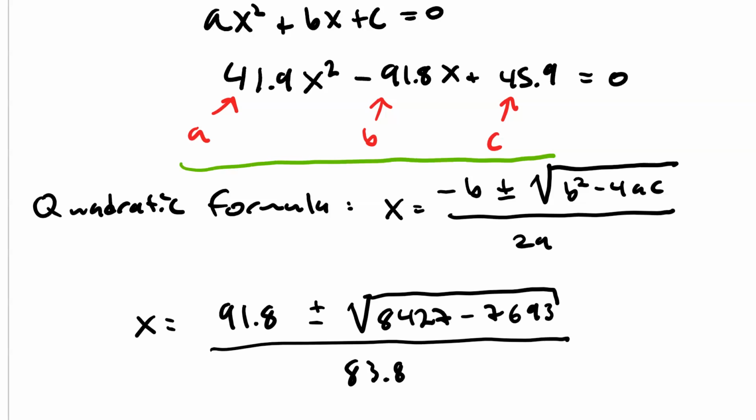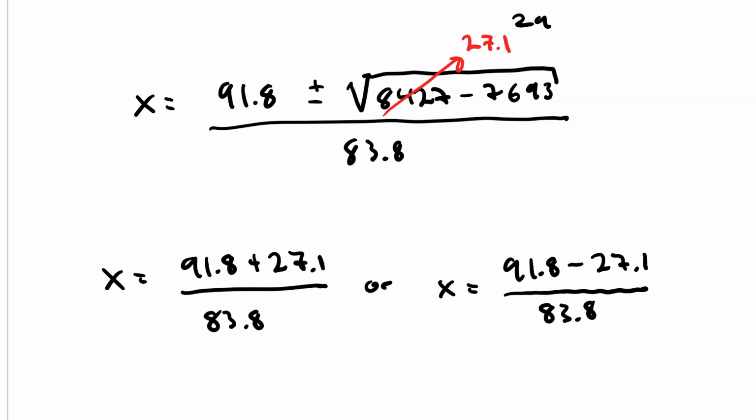Plugging in these values of a, b, and c to the quadratic formula, we have x equals 91.8 plus or minus the square root of 8,427 minus 7,693 over 83.8. The square root becomes 27.1. So that means that x equals 91.8 plus 27.1 over 83.8, or x equals 91.8 minus 27.1 over 83.8.